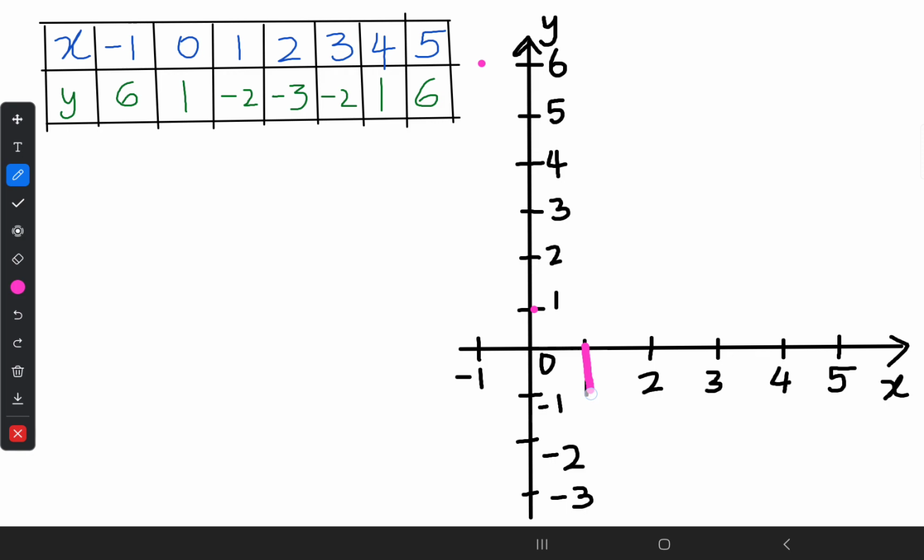When x is 1, y is -2. When x is 2, y is -3. When x is 3, y is -2. Then 4, 1, and 5, 6. Yeah, we just marked our points accordingly.